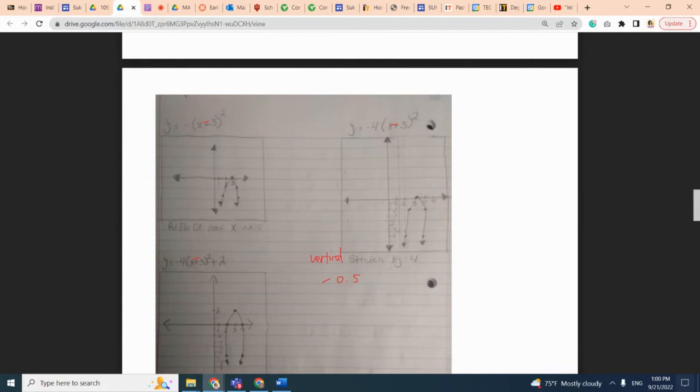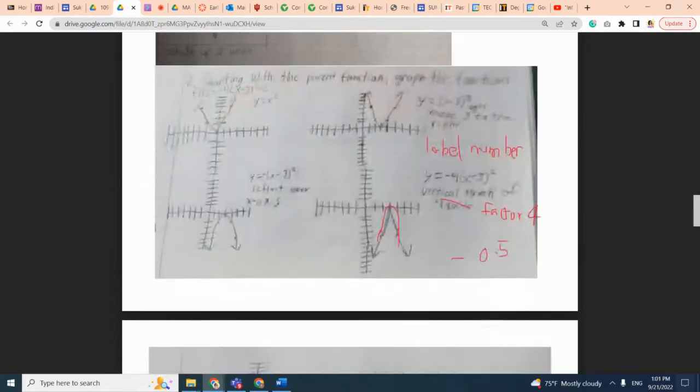So please tell me, is it vertical stretch or horizontal compress or stretch? Because we can have horizontal compress or stretch, or vertical stretch or compress, right? So please write down it is vertical.